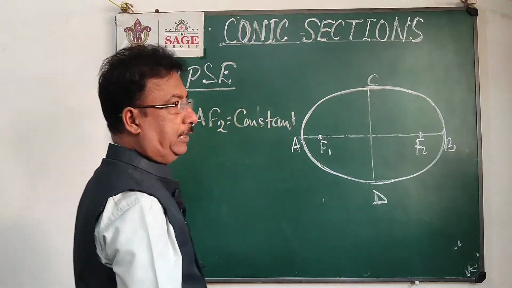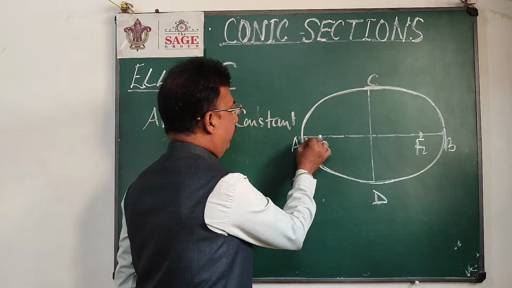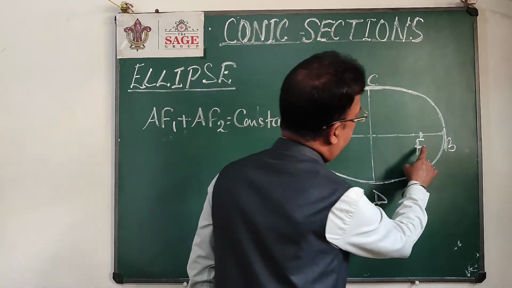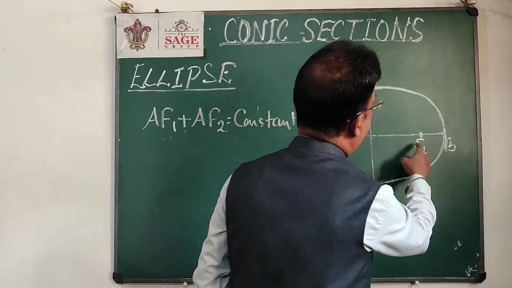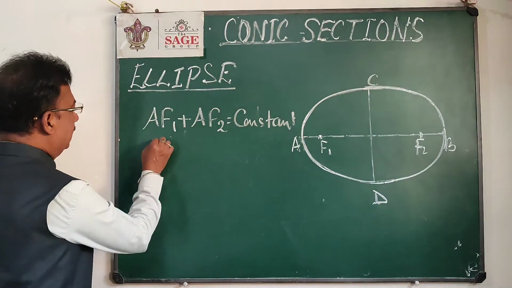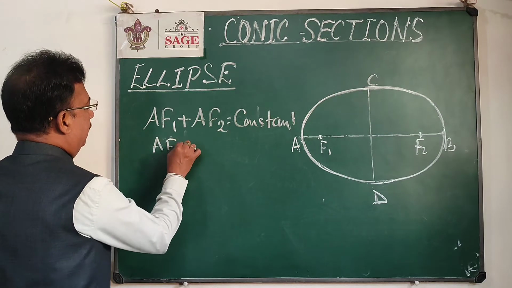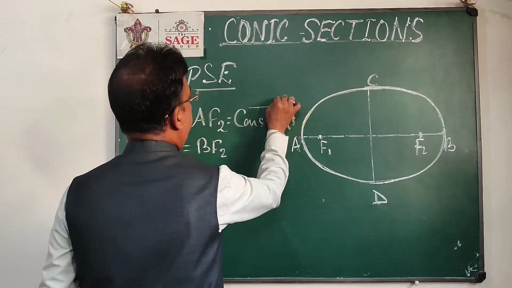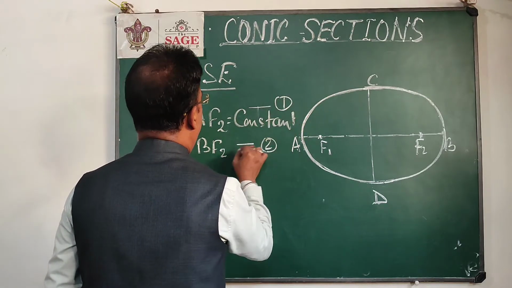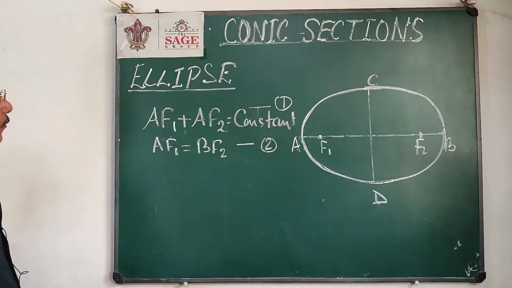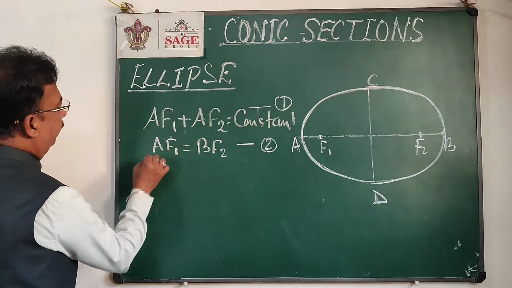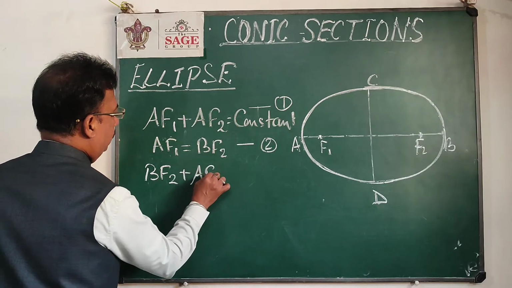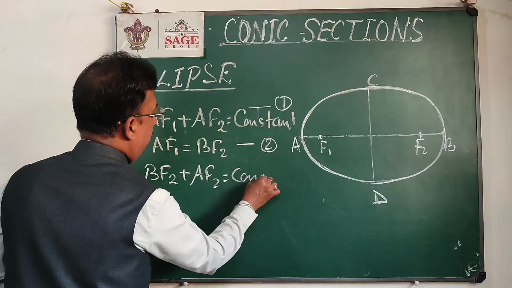As we see in this figure, the distance of A, one end of the major axis, from focus F1 equals the distance of the other end of the major axis from the other focus. So AF1 equals BF2. This is equation number 2. I can replace AF1 in equation 1 using equation 2. So BF2 plus AF2 equals a constant.